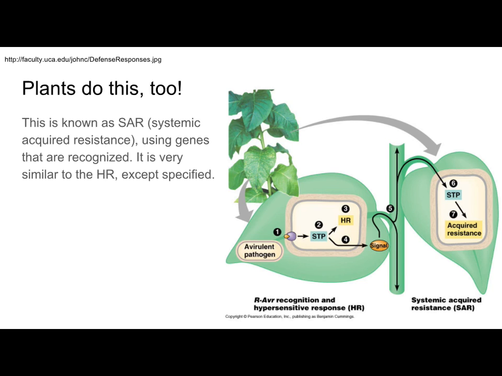Plants do a very similar version to all of that. Theirs is referred to as SAR, systemic acquired resistance. And what that requires is we have the recognition of some type of protein. It's going to trigger a hypersensitive response, which works for anything, including wounding.